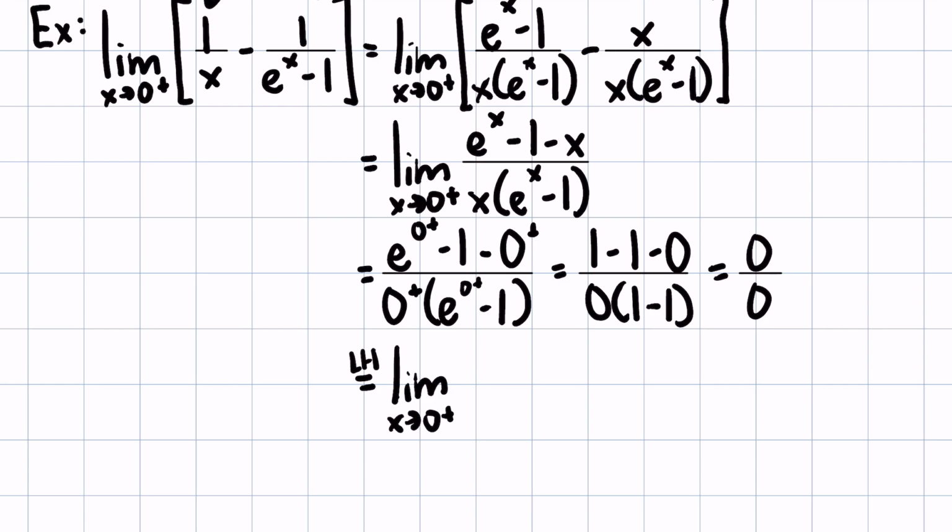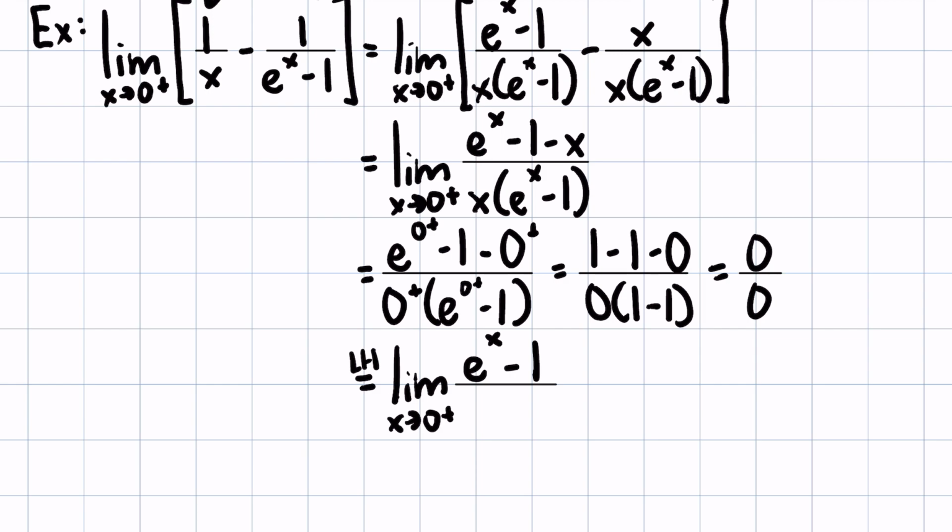The derivative of e to the x is just e to the x. The negative 1 goes away, and the negative x becomes a negative 1. And then on the bottom, we have to use product rule, or we could just distribute out the x, but I'm just going to go ahead and do product rule.